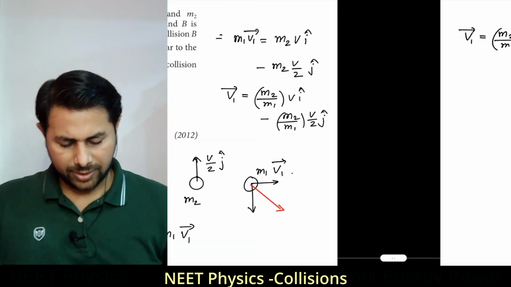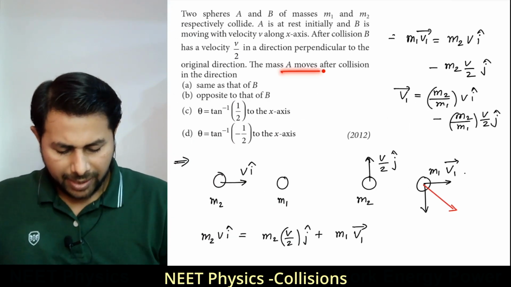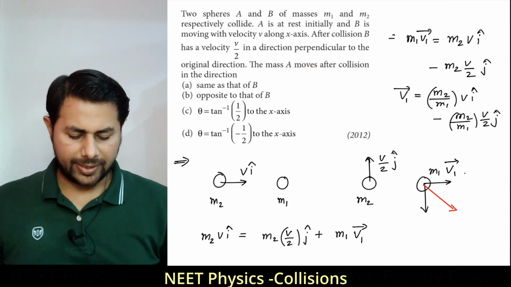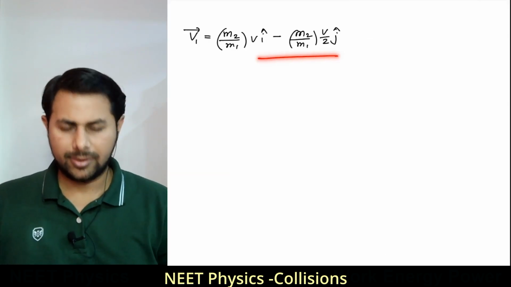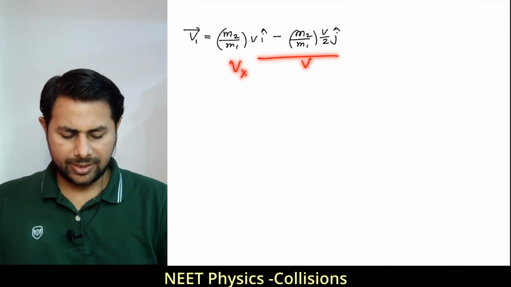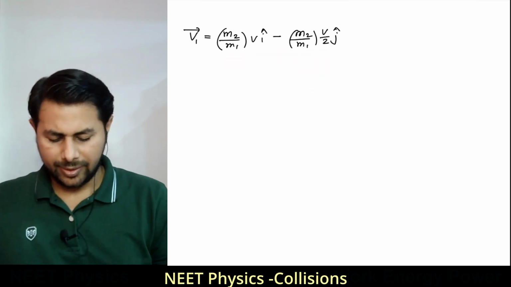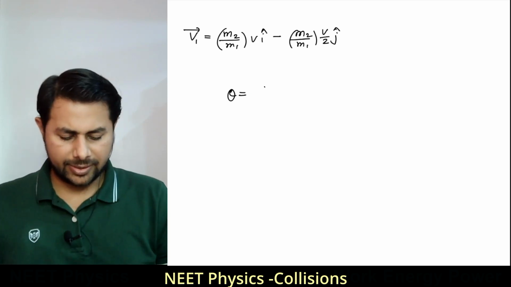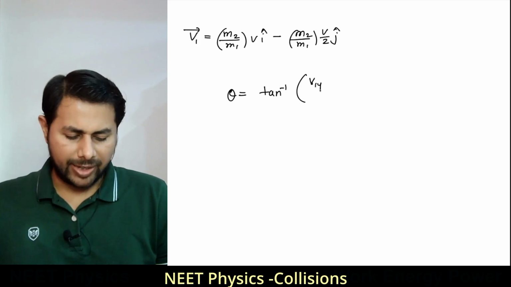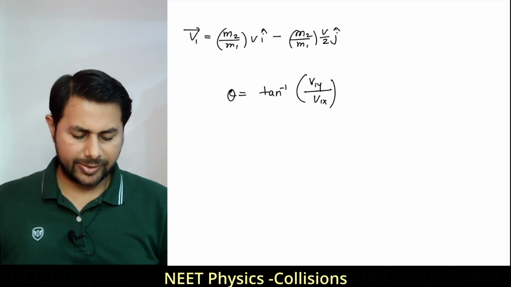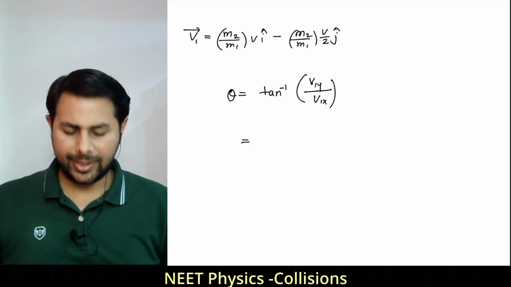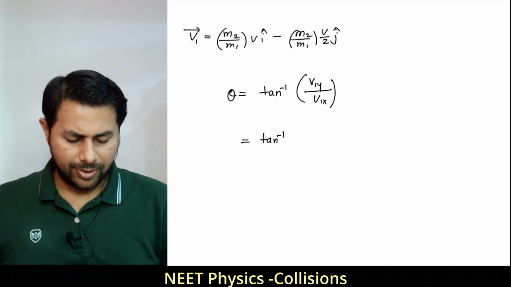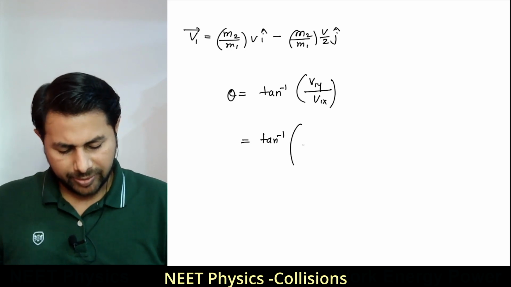So the question is, A moves in some direction. What's the direction? So this is Vx, this is Vy. We know theta, the angle made with the x-axis, is tan inverse of V1y by V1x. So what is V1y?